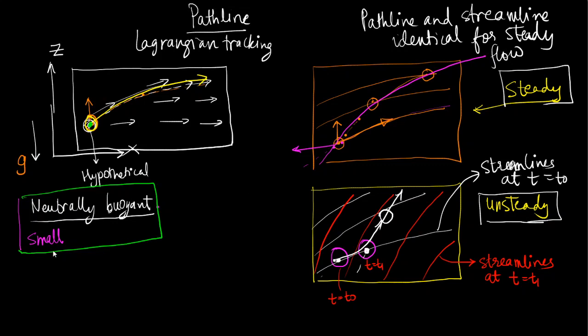So under these assumptions, the velocity that the particle will sample will be the UVW velocity at the particle location.